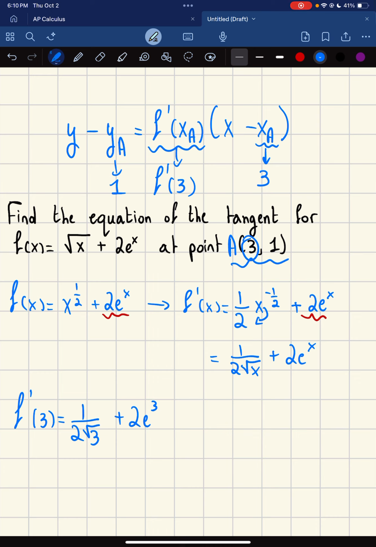So according to our useful scientific calculator, we got 1 over 2 square root of 3 plus 2e to the power of 3 will be 40.45.